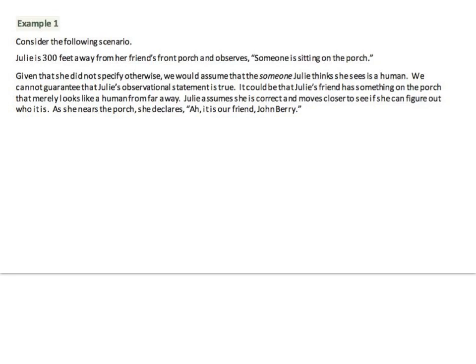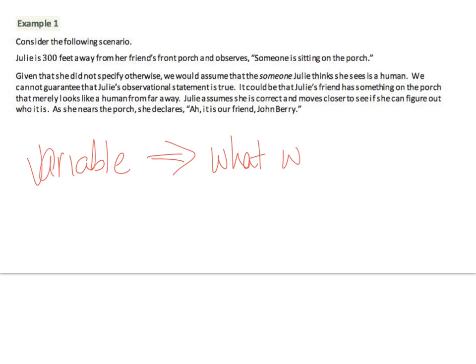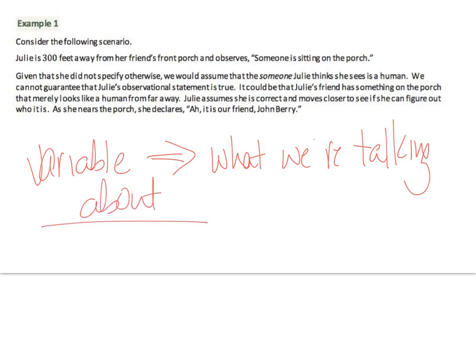Whole numbers. So really verifying our variable is important. It's what we're talking about, which in this case we call our domain.